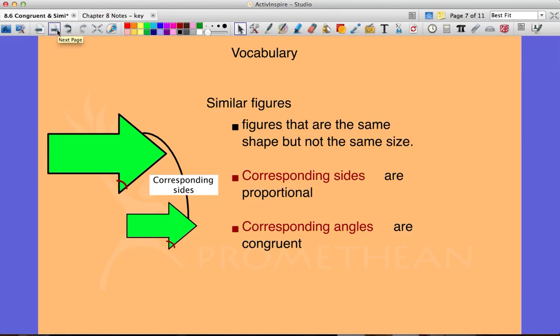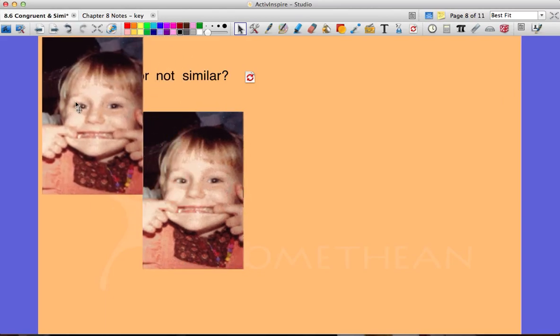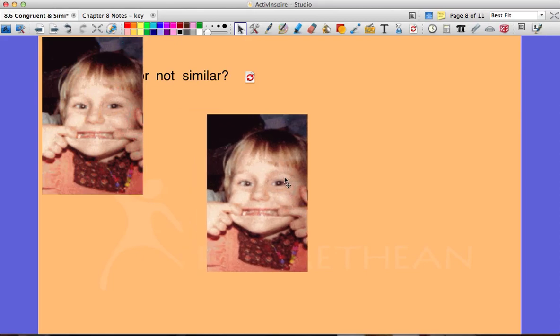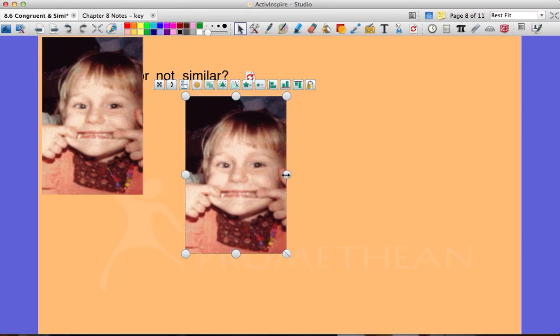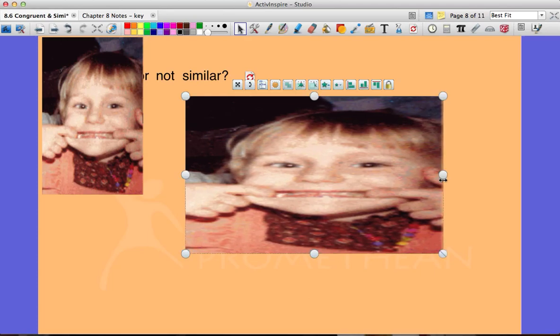We'll go over a few examples. If you take a look at this picture, right now it looks like this. So if I take the picture and just make it wider, is it still similar? If you look, the face got wider. In order for it to be similar, it would have also had to get longer.